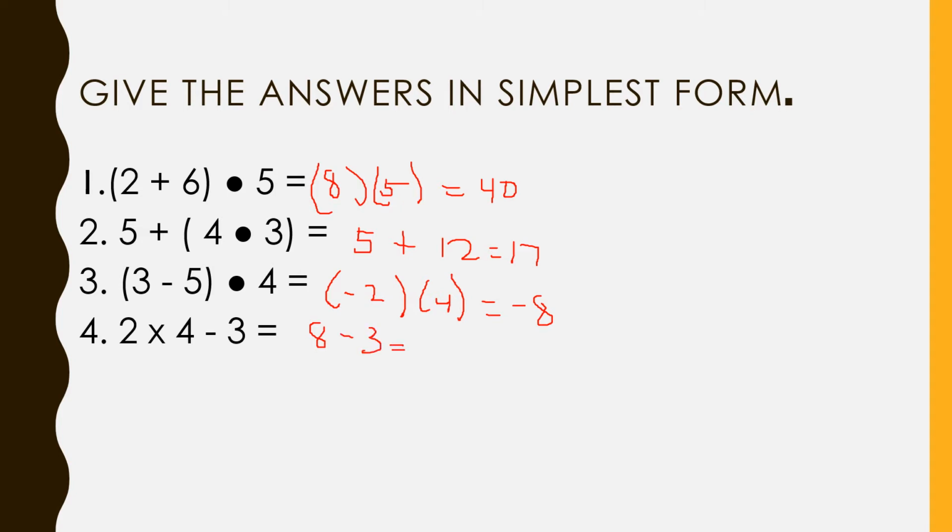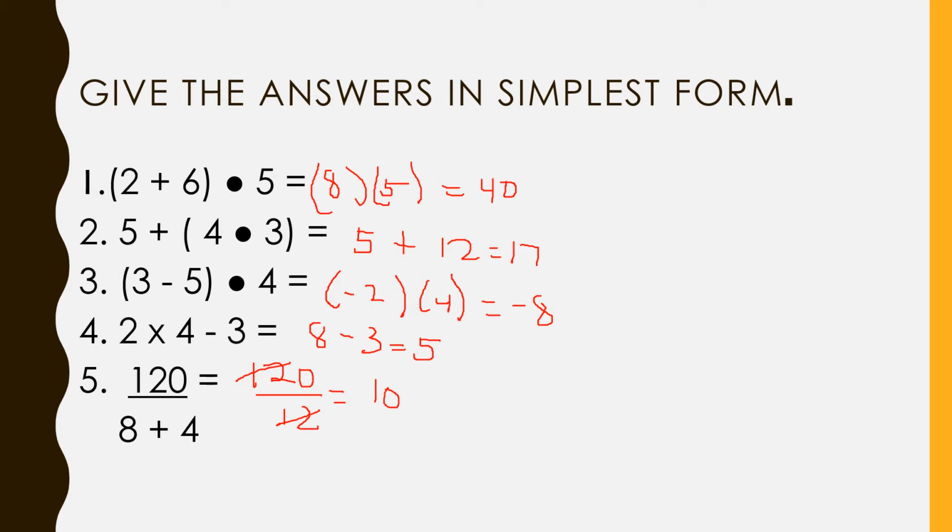That equals 5. Okay, next, number 5. So we have 120 over 8 plus 4 is 12. So we cancel. 1, and then you add 0. The answer is 10. Okay?